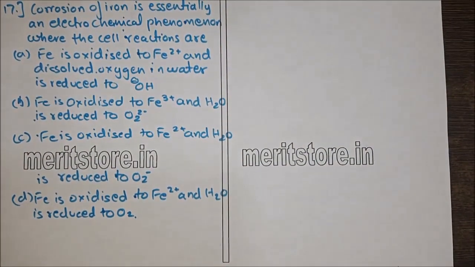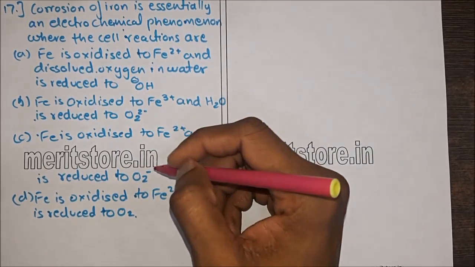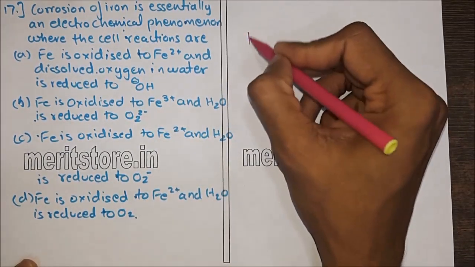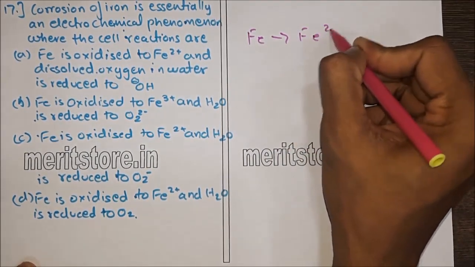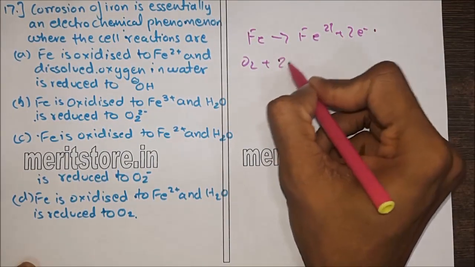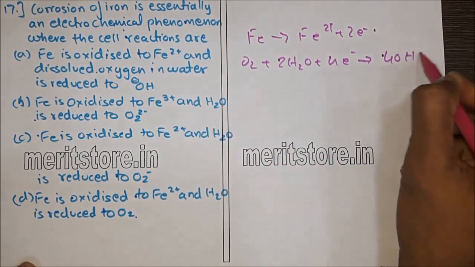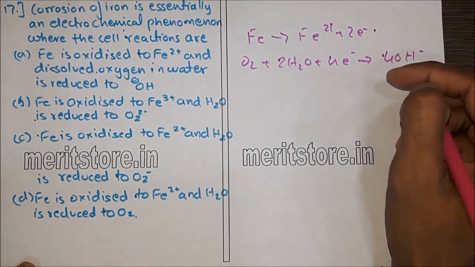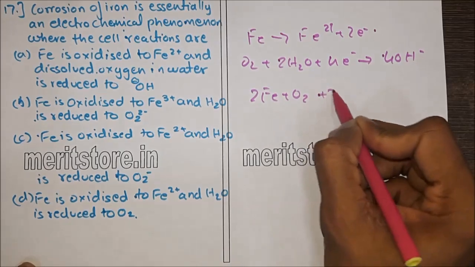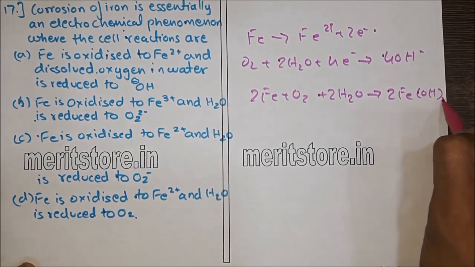Question 17. Corrosion of iron is essentially an electrochemical phenomenon where the cell reactions are, we give 4 options over here. Fe gives out Fe2+ plus 2 electrons, that is the anode reaction, and for O2 we have O2 plus 2H2O plus 4e, which gives us 4OH minus, which is the cathode reaction. So the overall reaction can be written as 2Fe plus O2 plus 2H2O gives 2Fe(OH)2, iron hydroxide.